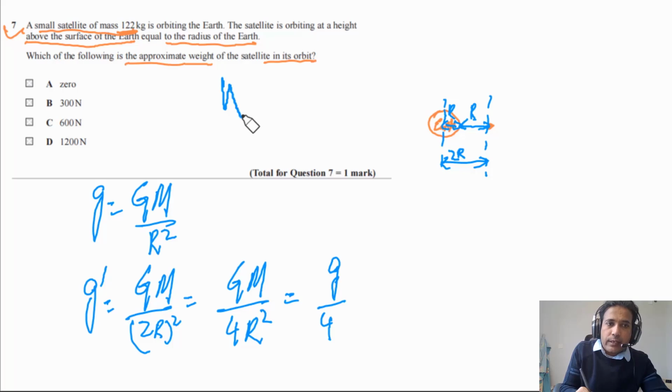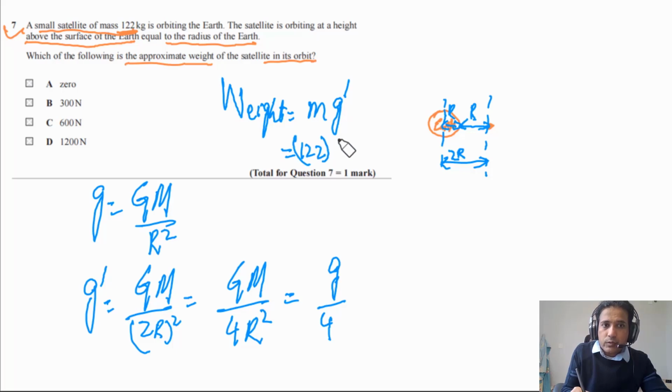So what is the new value of the weight? Weight will be equal to m times g prime. And m is given to us, this is 122 kgs, and g is 9.81, this value of g divided by 4.